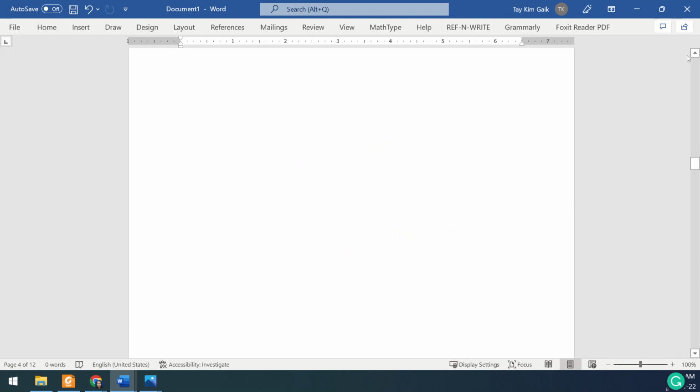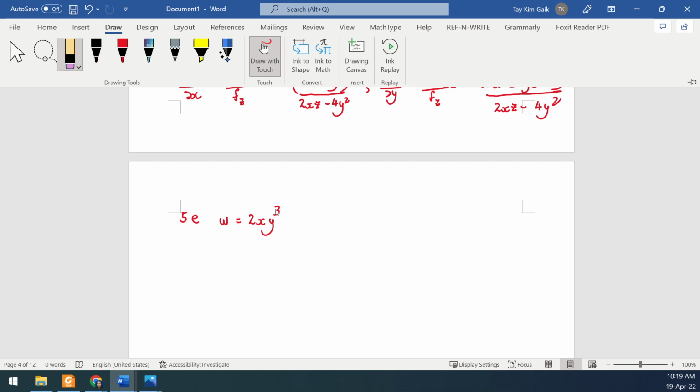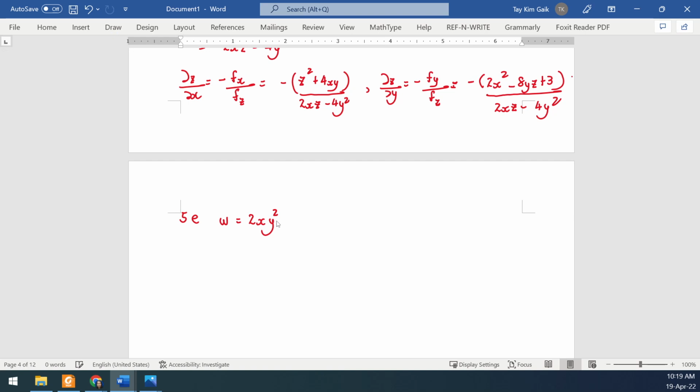Okay, we do one more time here. Question 6, 5E. W is 2xy cubed, y squared, z cubed.